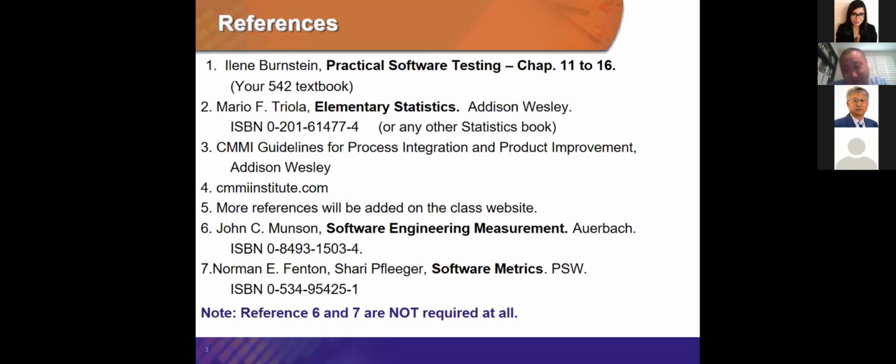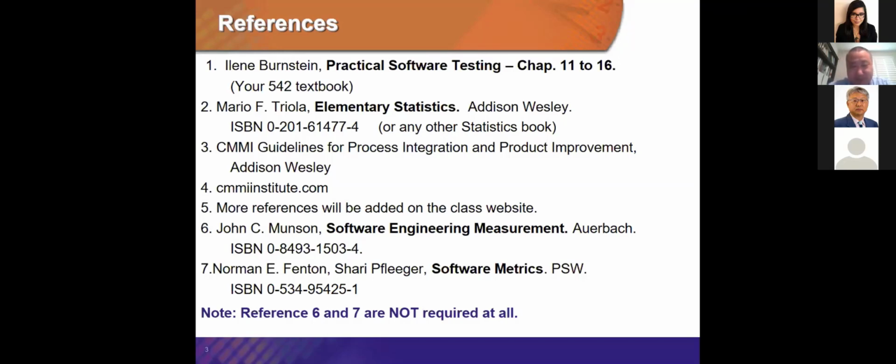Statistical techniques is one of the topics in this class. Reference number 2 is the best statistics book I have ever read. They have a lot of great examples, not enough about software, but it's an excellent book, easy to read. If you're interested in reviewing the topic, this will probably be the best book.